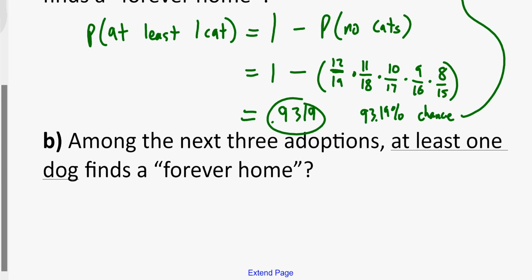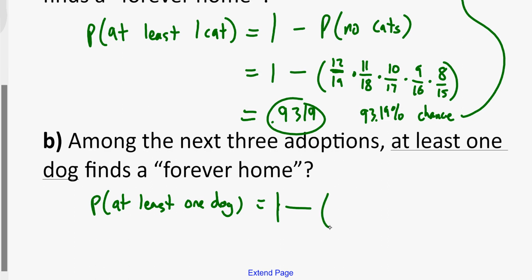Don't take my word for it. Let's do another one. Among the next 3 adoptions, at least one dog finds a forever home. Let's find that probability. Okay. Again, same idea. Probability of at least one dog would be 1 minus no dogs.